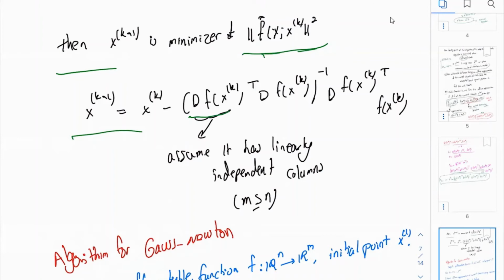So in order for this algorithm to work, the x and x of k should be first close to each other, because otherwise the affine approximation is not making sense. So you are solving a new problem. You're not even solving an original problem, because if your affine approximation is not close to the true function, you're not even solving the correct optimization problem. That's the first step. That's very important. Second, we want this d to have linearly independent columns. Okay, good.